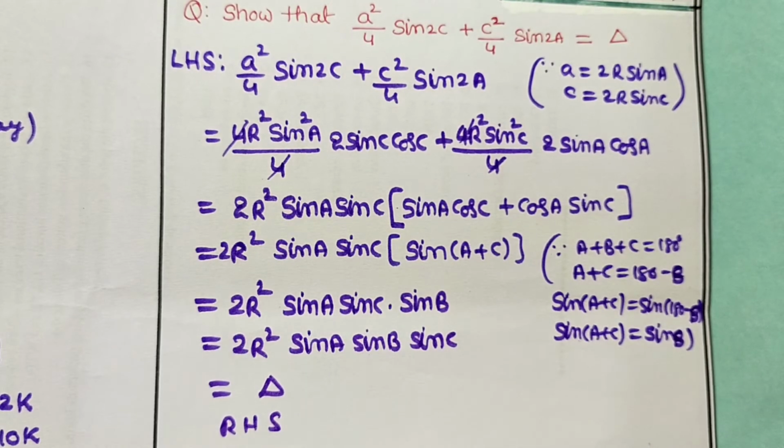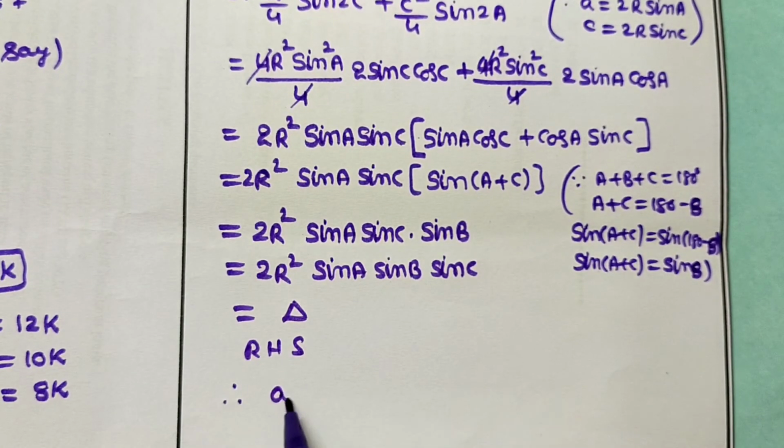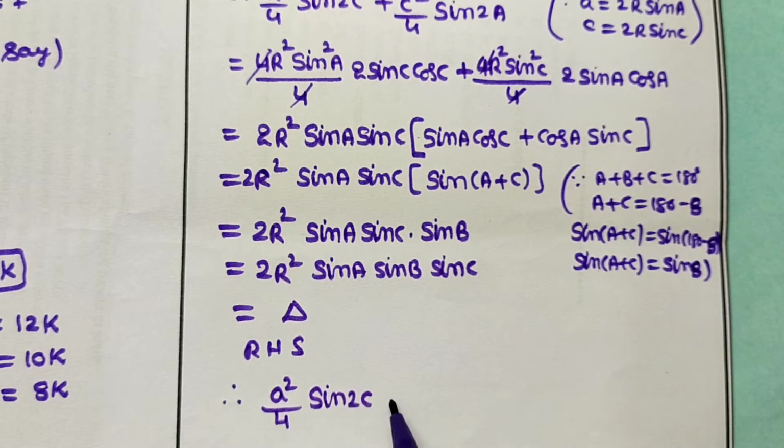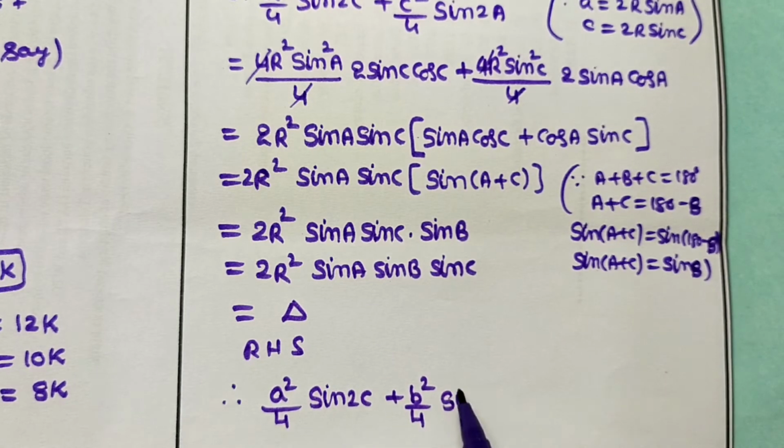Therefore, in conclusion, A square by 4 into sin 2C plus B square divided by 4 sin 2A is equal to delta.